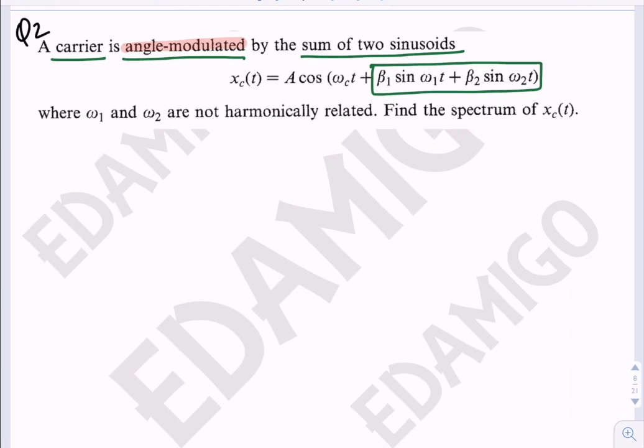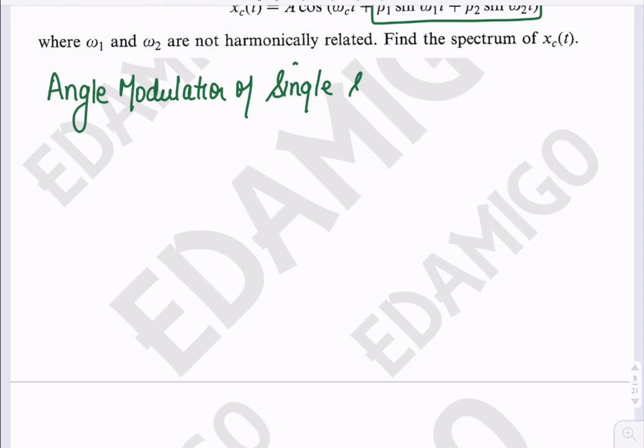Now for the spectrum of the signal, we will first look at the angle modulation of a single sinusoid.